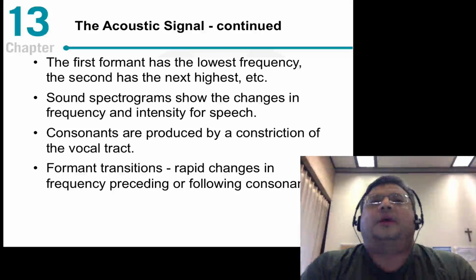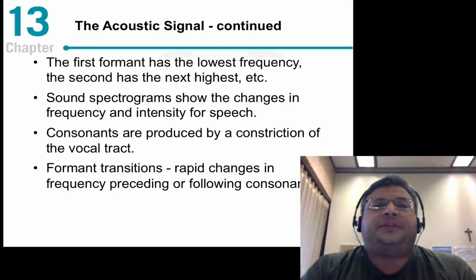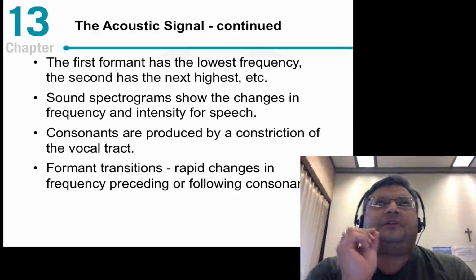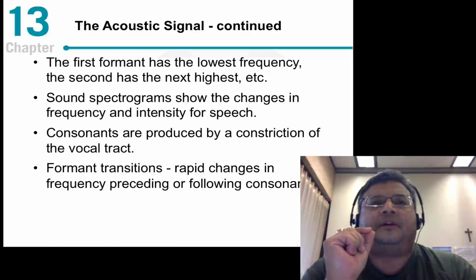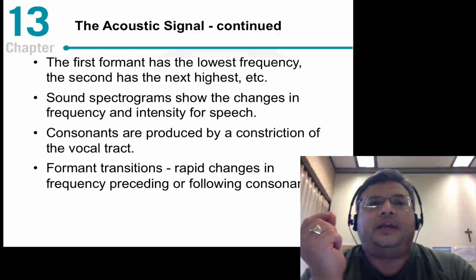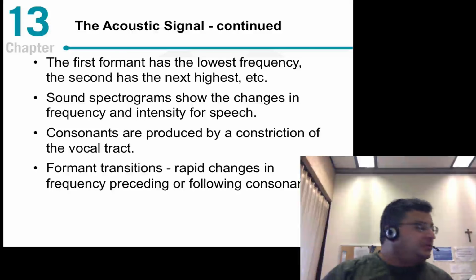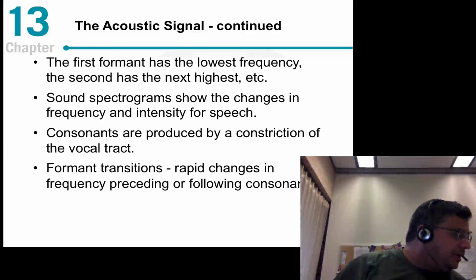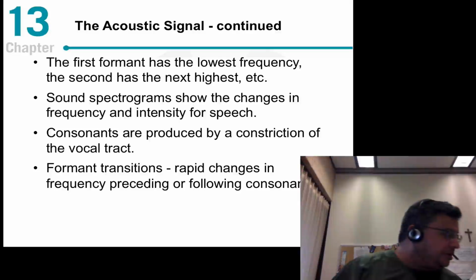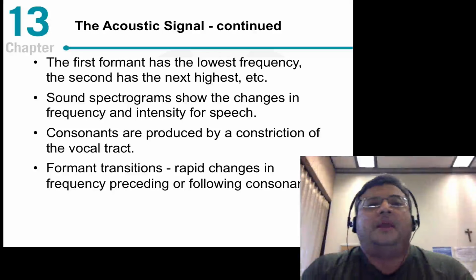Each vowel sound has a series of particular sounds that are put together to create it. And these sounds are known as formants. Formant, not format, formant. It's described in your textbook starting on page 318 under the section called the acoustic signal.